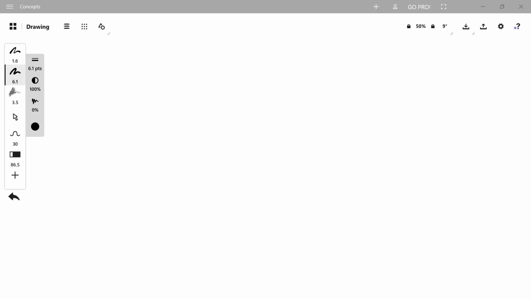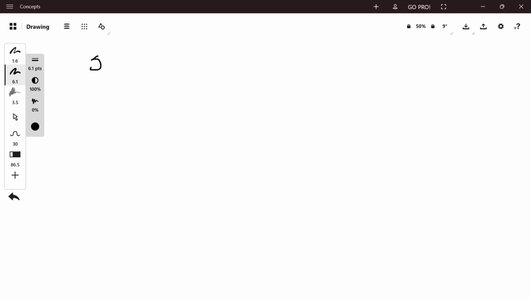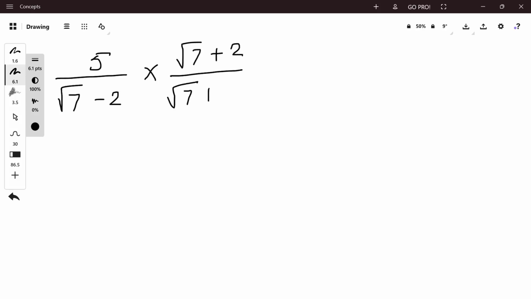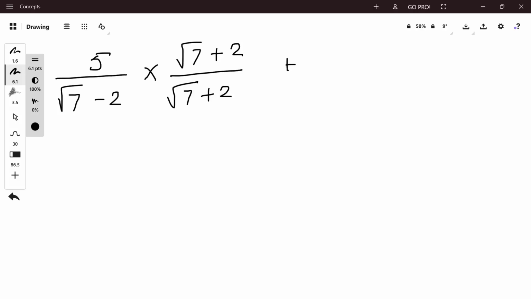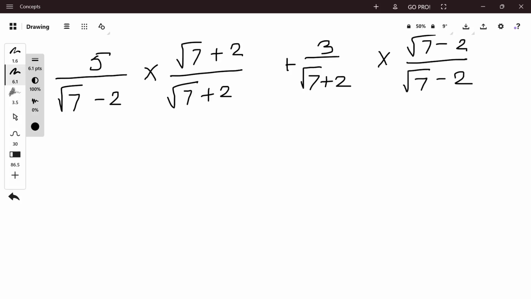That is 5 upon root 7 minus 2 into root 7 plus 2 upon root 7 plus 2, plus 3 upon root 7 plus 2 into root 7 minus 2 upon root 7 minus 2.